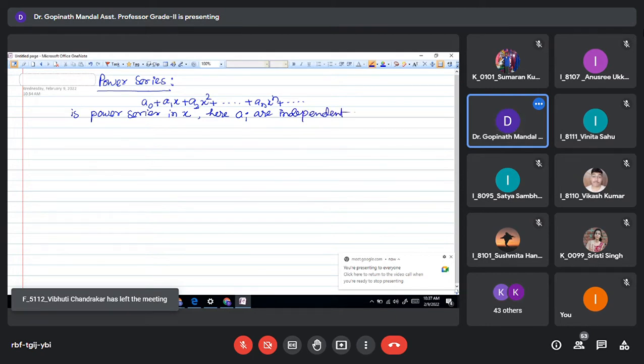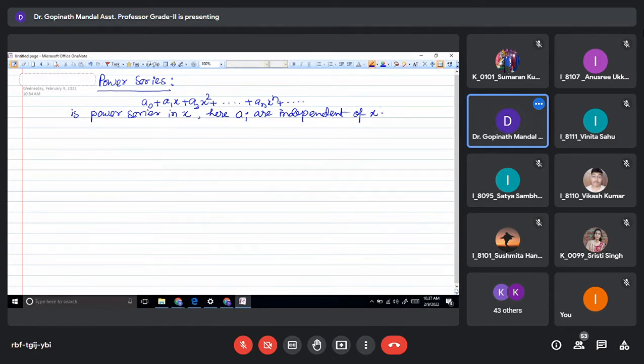So in this series, un is equal to an x to the power n, and un plus 1 is equal to an plus 1 x to the power n plus 1. So here this ai may be positive or may be negative.